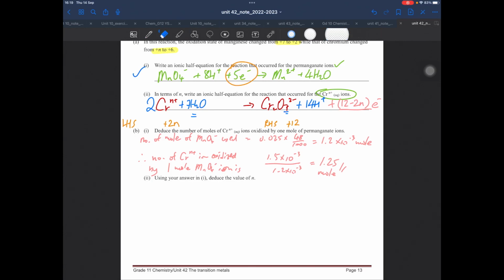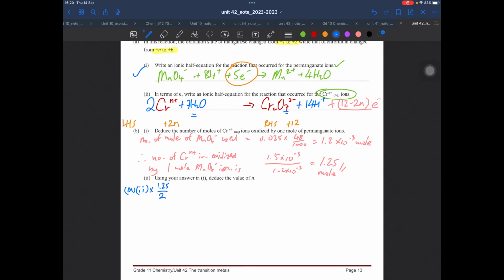The next one: try to deduce the value of n. In order to solve this, we need to rewrite the equation in A2. We change the coefficient of chromium ion into 1.25, by multiplying by a suitable factor.